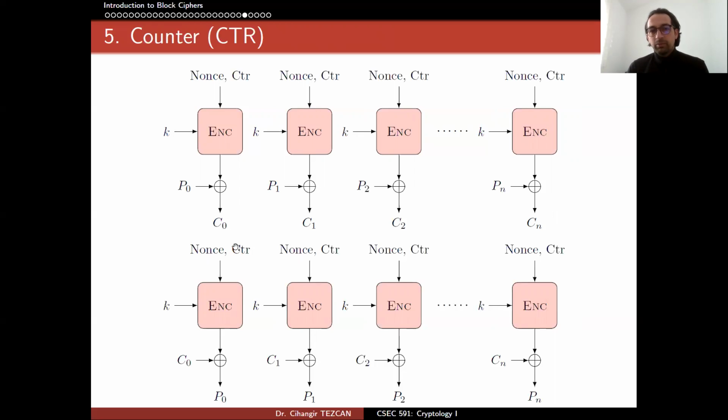So this is really good because, as you can see, there are no connecting lines between these encryption operations. This means that it is fully parallelizable. If you want to encrypt this plaintext block, you can just know the counter and do it. Or if you want to decrypt some part of the ciphertext, you can just do it here, and you don't need to do the rest.